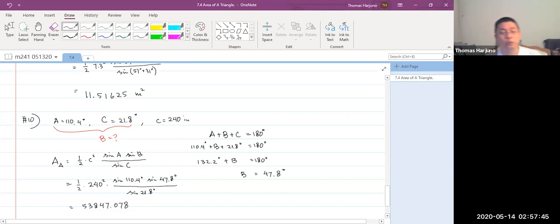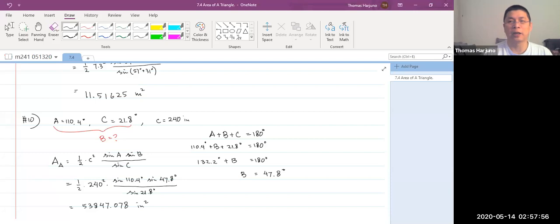Yes, that's what I have too. The units will be square inches. Okay, that's for number 10.